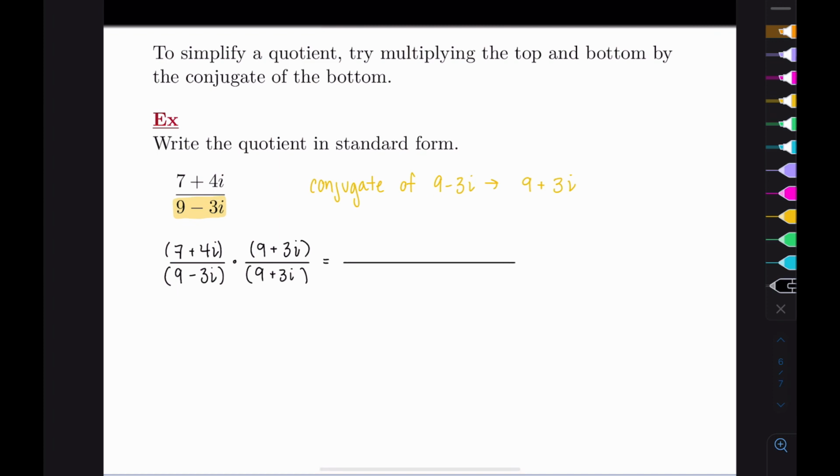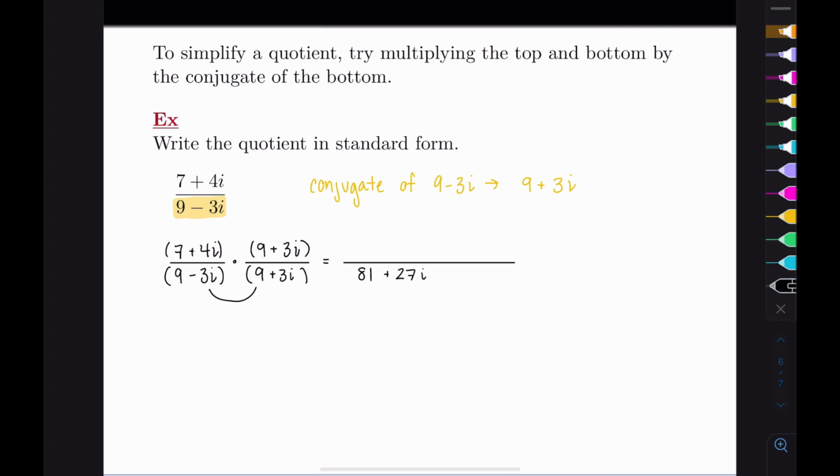I'm going to start with the bottom just so you can see why we multiply by the conjugate. When we multiply the first terms, that gives us 81. When we do the outer, that would be 27i, and it's positive.